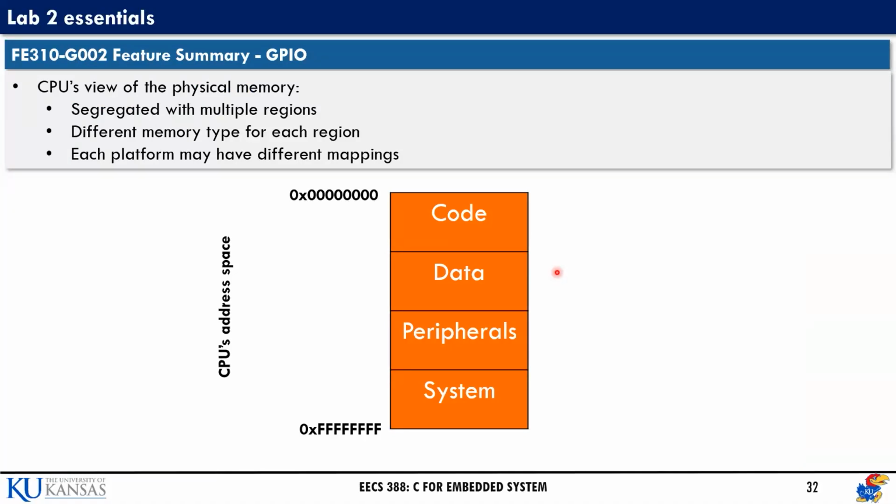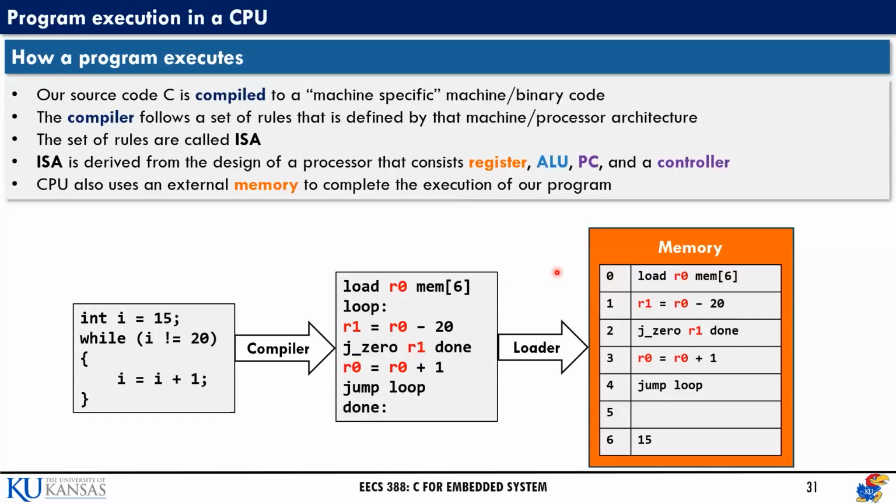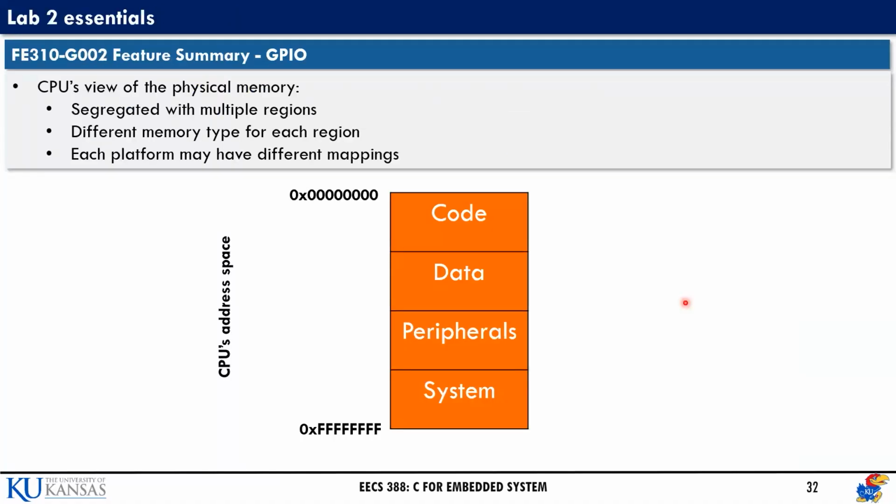But do you think we only have the code segments in our memory as shown in this slide? For example, let's say our code sorts a large array of, let's say, 10,000 elements. It just sorts that array from maybe ascending to descending order.